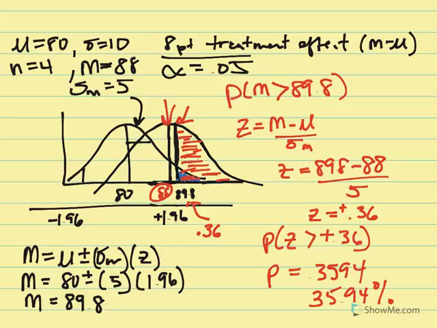And just to clarify again, this statement helps us solve for power. So our final answer for this problem would be a 34.94% chance that we would accurately reject the null hypothesis given a sample size equal to 4, and still using a treatment effect size of 8 points.